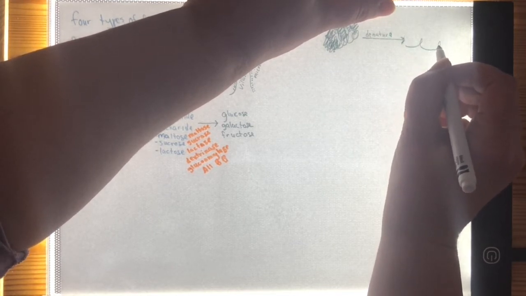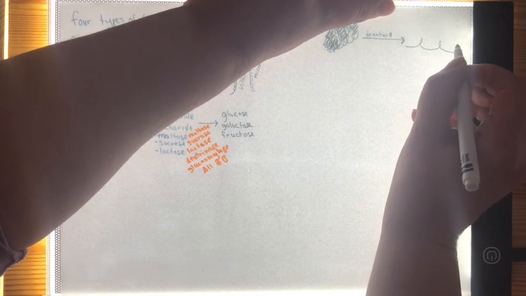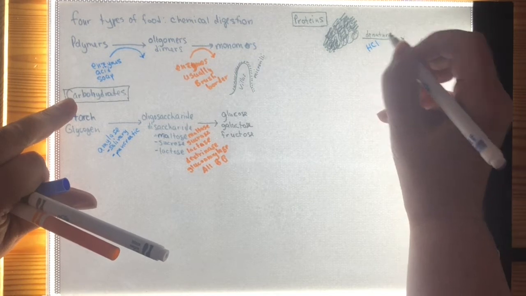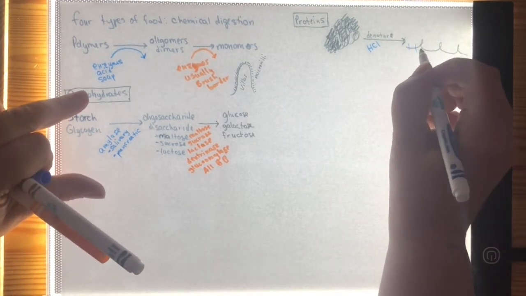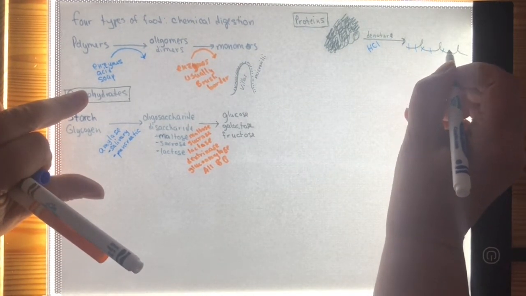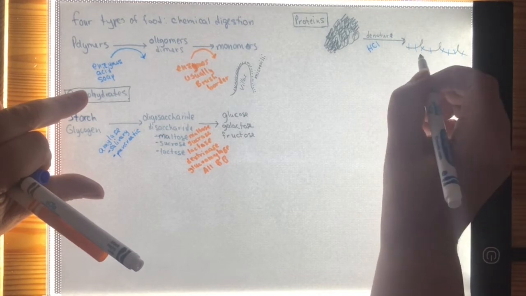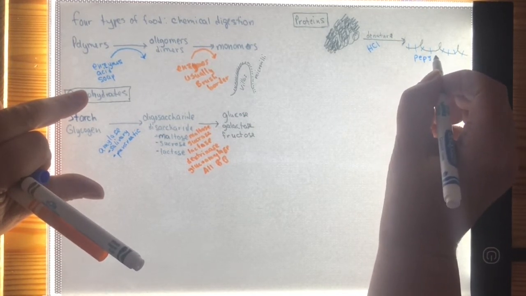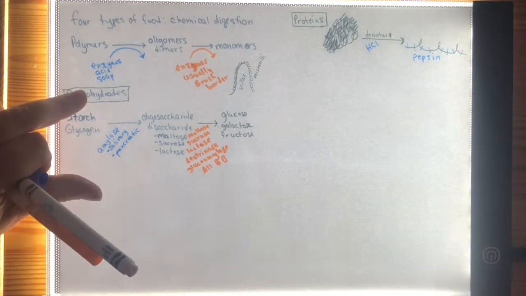When we denature a protein, if we took, for example, an alpha helix and stopped coiling it so closely together, you might end up with a looser coil like this. The best way to denature a protein is with an acid such as hydrochloric acid. Then when we have this primary shape of the protein instead of the quaternary and tertiary shape, we can start to nick away at it with another enzyme called pepsin.